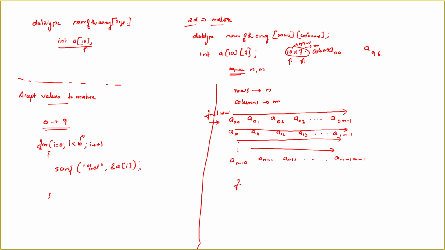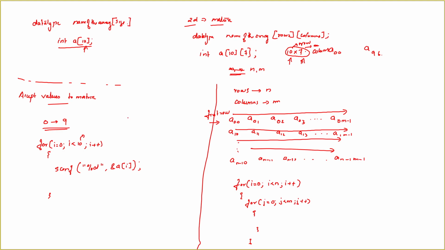If I am writing for i equal to 0, i less than n, i plus plus, and in curly brackets I am writing for j equal to 0, j less than m, j plus plus, and in curly brackets.